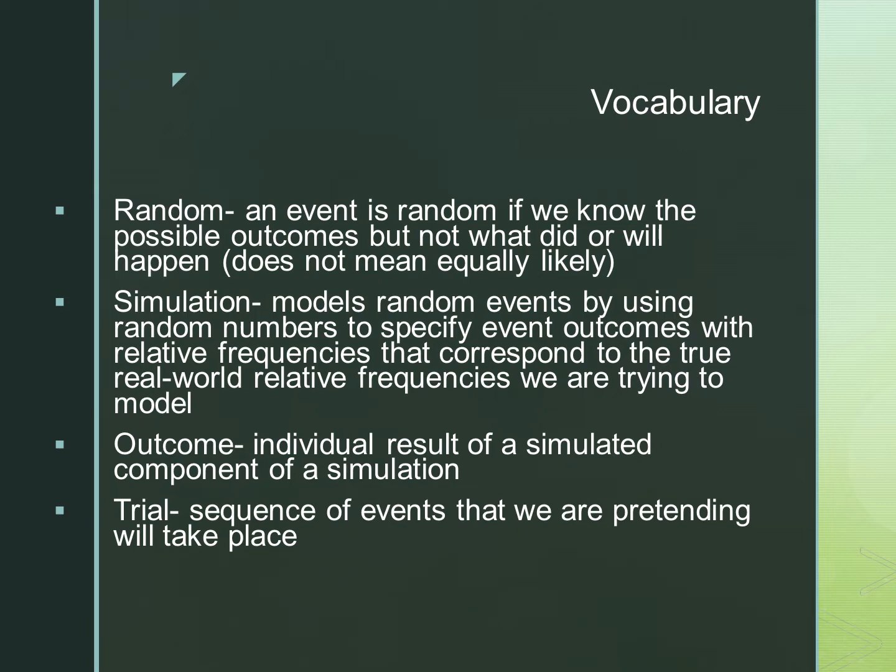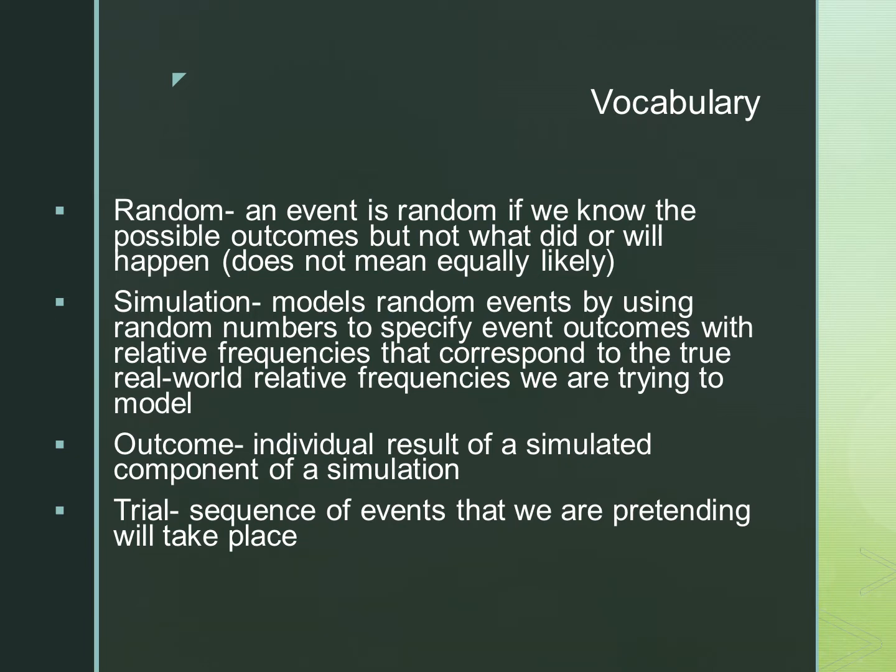An outcome is the individual result of a simulated component of a simulation. So the outcome is one flip of the coin. Did I get heads or tails? A trial is a sequence of events. So one trial is, I want to see how many times I have to flip the coin to get 5 heads.